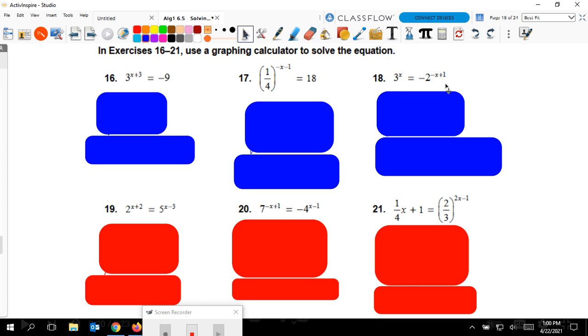So in order to solve ones where there is no way to put the bases the same, to be able to solve it the way we've been solving them, we have to use a graphing calculator. So here's how we need to do this. We need to first see each side as a function of its own. So we're going to say y is equal to 3 to the x plus 3 power, and y is equal to negative 9. That's the first thing we need to do on this one.